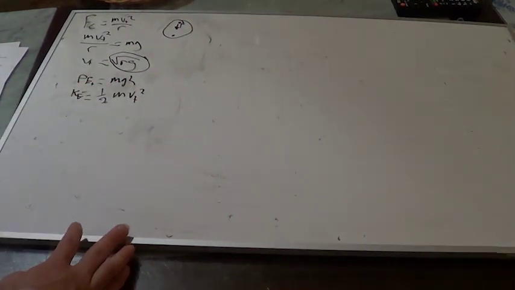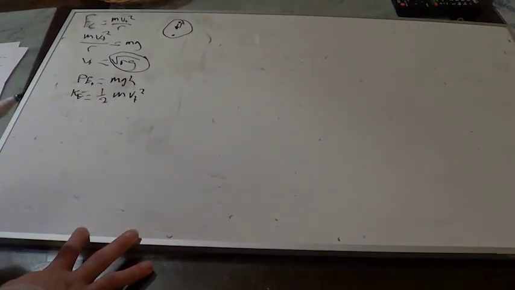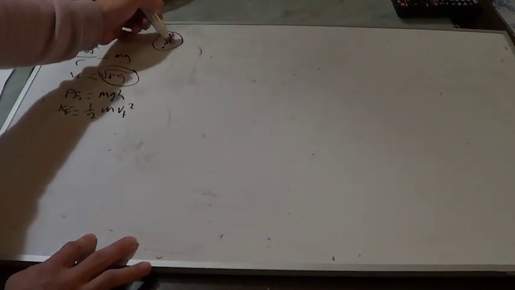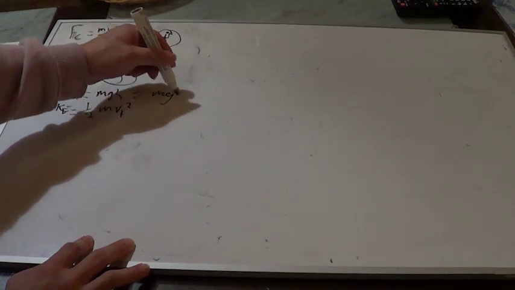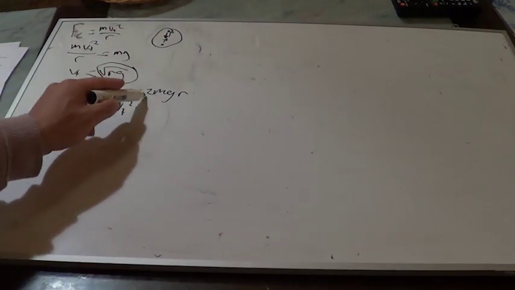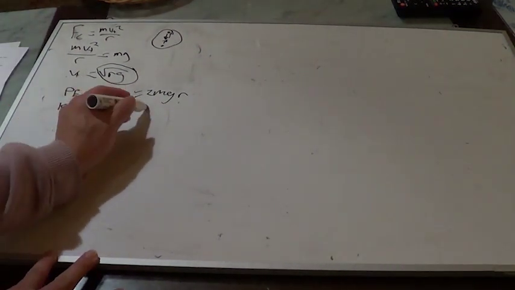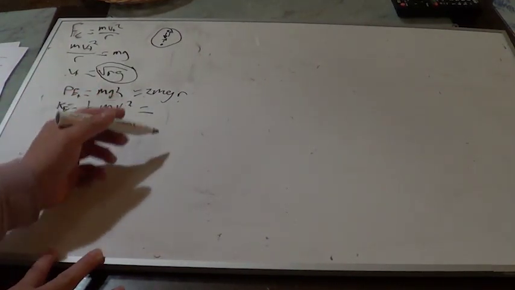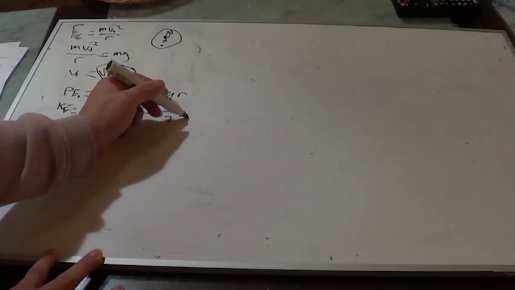Now, since the height is basically double the radius of the circle, we can go from mgh to mg times 2r, because it's 2 times the radius. And now we can substitute Vt into the kinetic energy formula, which equals half mgr.